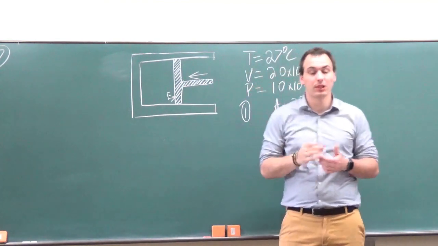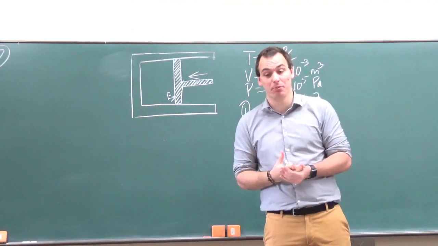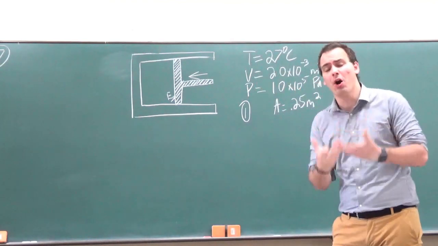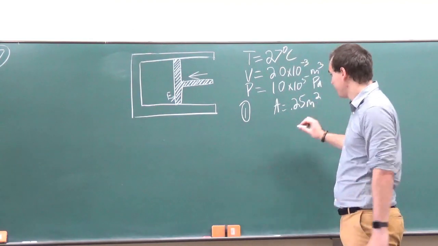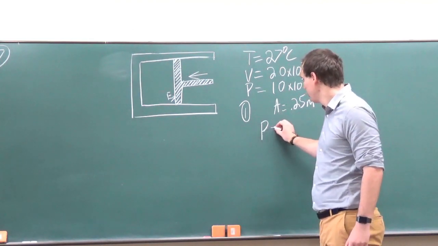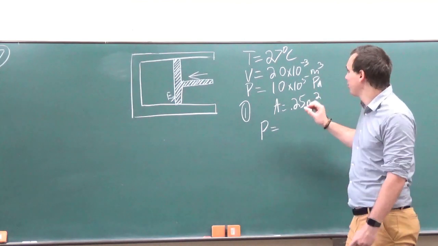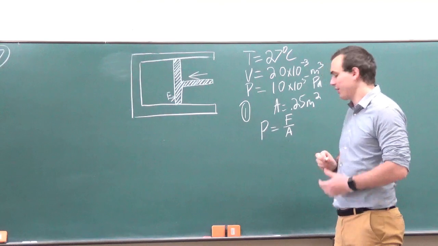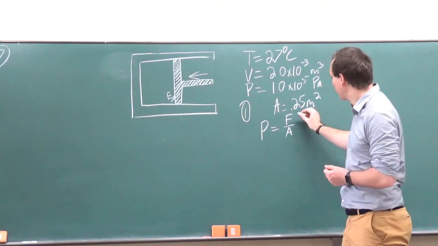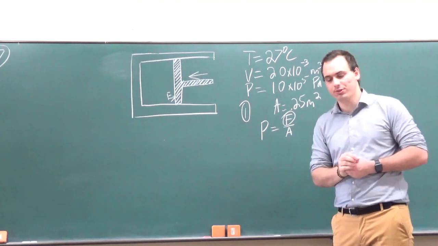Now, this is actually a very simple problem based on our knowledge of pressure and forces. You see, pressure is really just force over an area. Now, we're looking for the force.